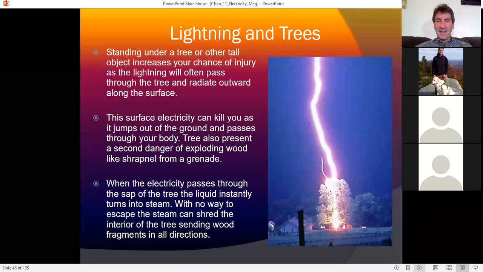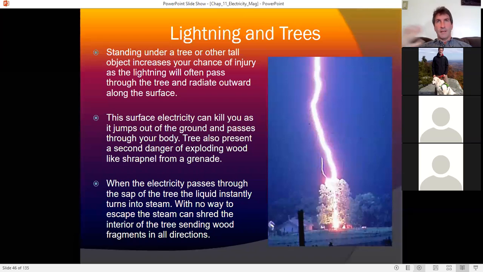Again, don't stand near trees. Two things. One, the electricity will spread out in all directions. Also, when these trees get struck, they can explode. What actually happens is the electricity goes through the tree, heats up the moisture inside the tree. The moisture boils instantaneously, and it basically detonates.